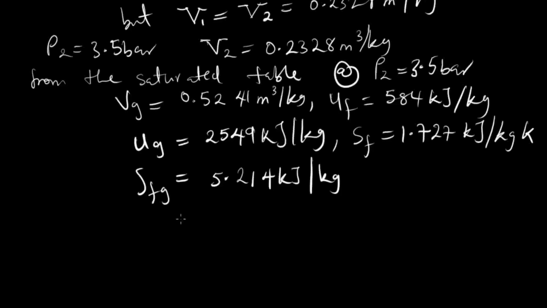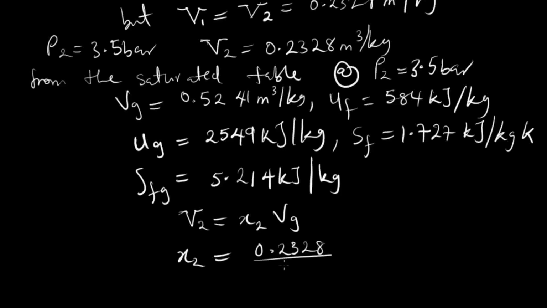So remember, the specific volume is equal to X Vg. So at the second state now, we are finding the dryness fraction. Okay, so dryness fraction will be 0.2328 over the Vg, which is this.